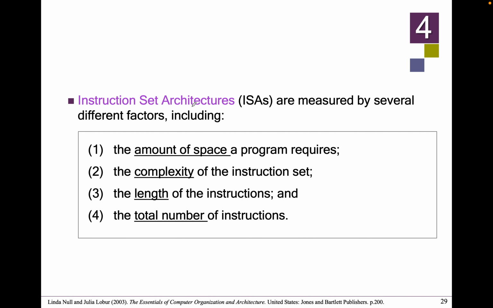Instruction set architectures are measured by several different factors, including the amount of program space required, the complexity of the instruction set, the length of the instruction, and lastly, the total number of instructions. So these are the things that make ISAs different from each other.